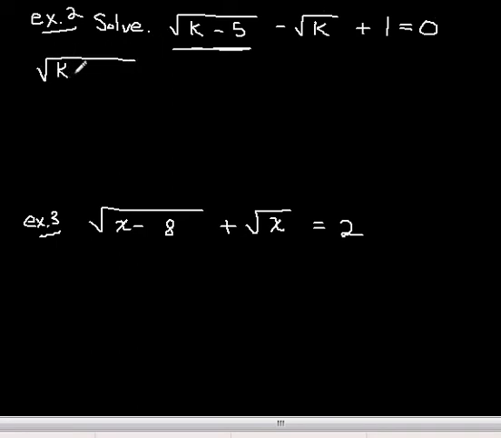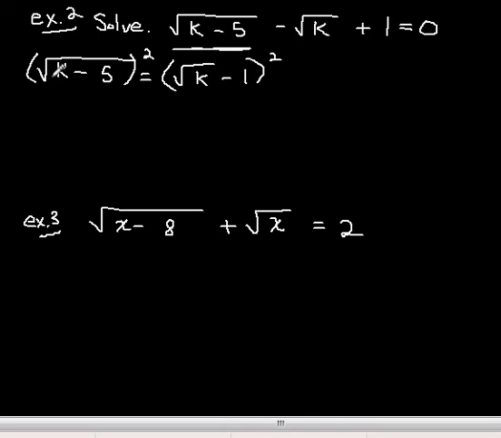So we get k minus 5 equals the square root of k minus 1. So I just took that over there, I took the 1 over there, and now we isolated the bigger of the two radicals. And then we're going to free what's underneath this radical first by squaring both sides. Now, this gets complicated too.